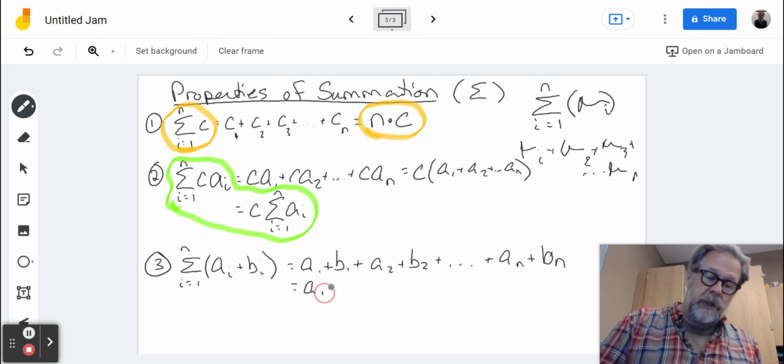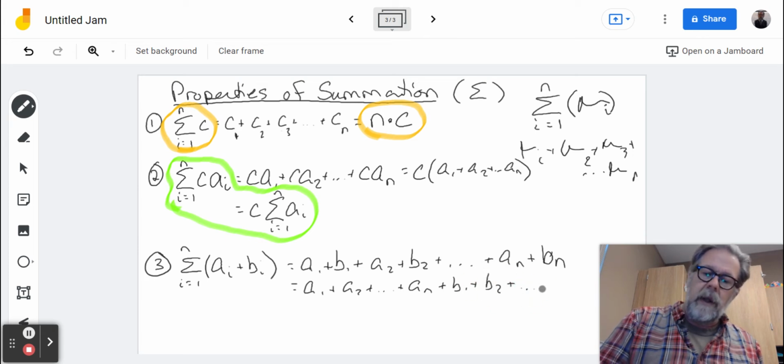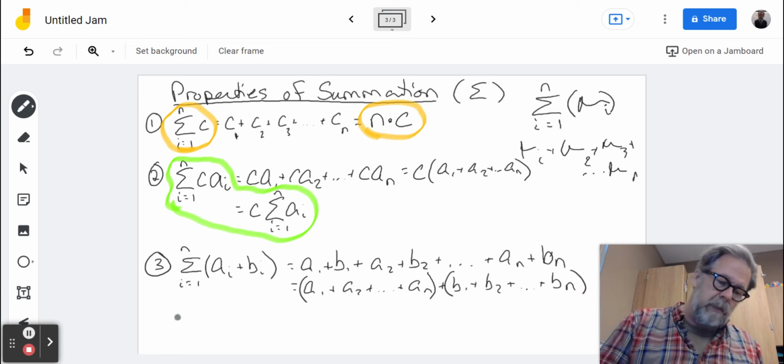I could just write this as A1 plus A2 plus ... plus A sub n plus B1 plus B2 plus ... plus B sub n. But this is the sum of the A's, and this is the sum of the B's, which means that this could just be written as the sum from 1 to n of A sub I plus the sum from 1 to n of B sub I.